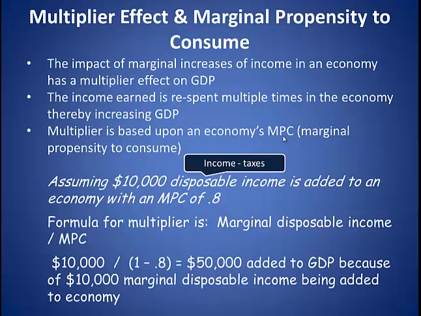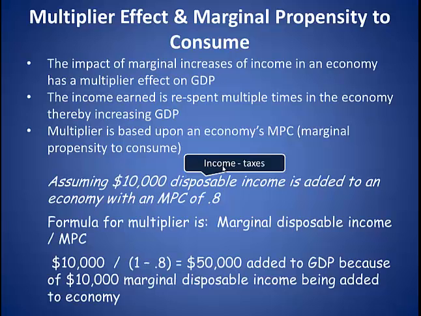Now, let's take this concept and do a real simple calculation. Let's assume that we have $10,000 of disposable income that we've added to the economy. The term disposable income is important because you could be asked a question about it. That's your income minus any taxes, and when you think about it, that's very logical.